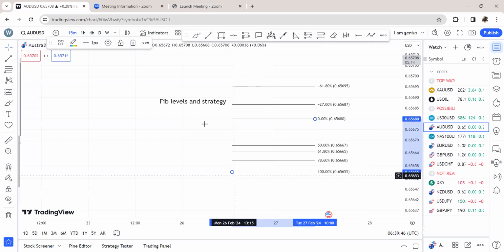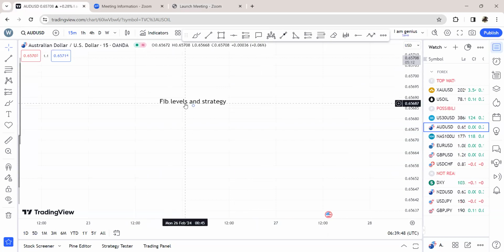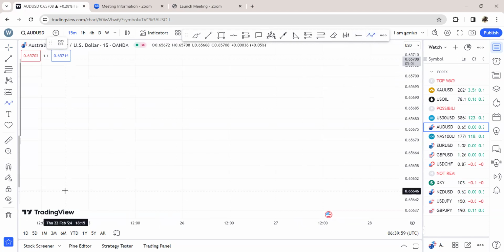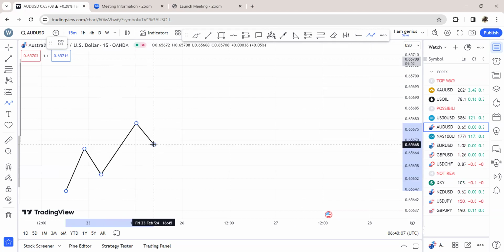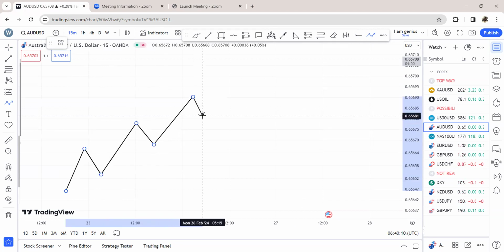But before I even continue with this, let me just go back a little bit. So we're looking at fib levels and the strategy that we'll be using. If you remember very well, in one of my videos for market structure, we said that the market always moves in impulses and retracements. So it moves like that.